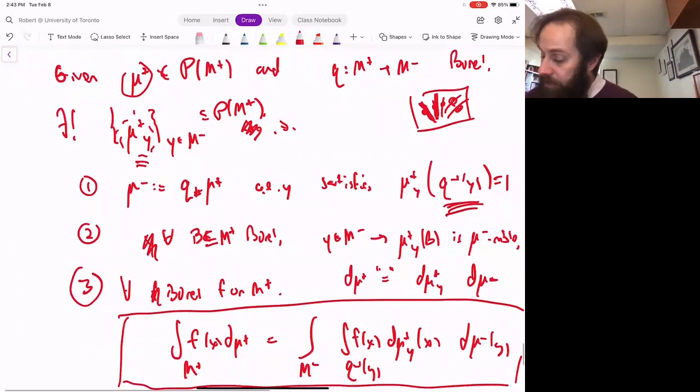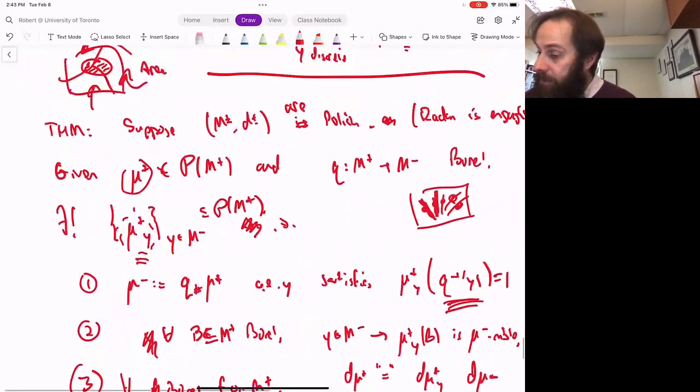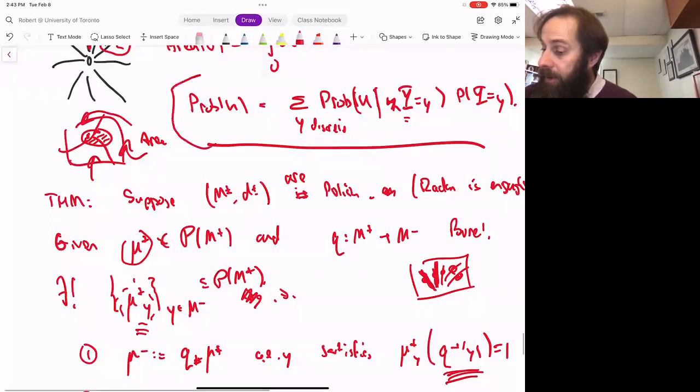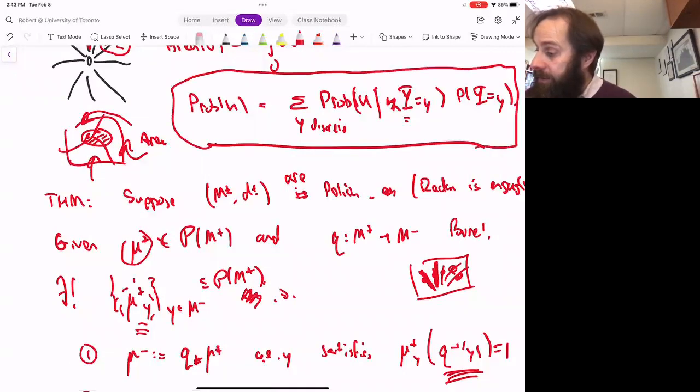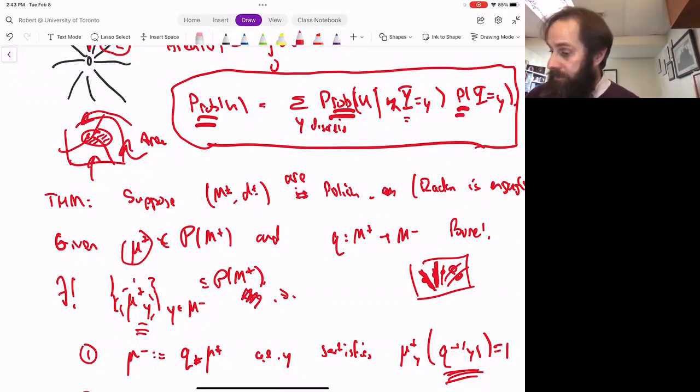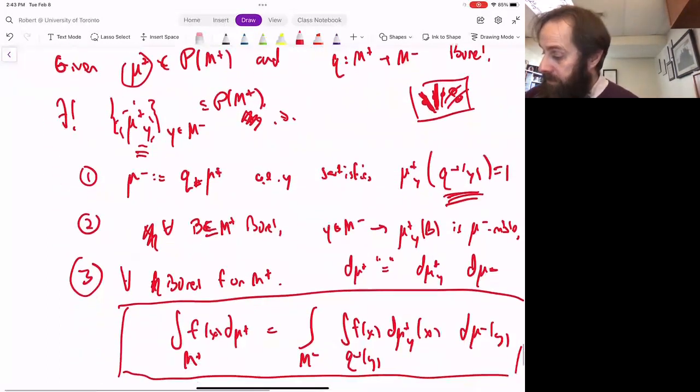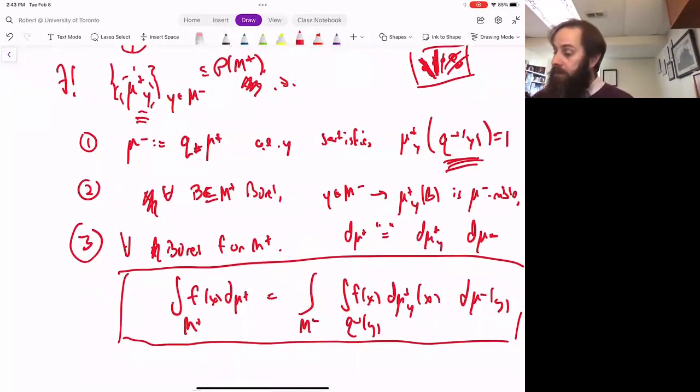And this formula here that I just drew the box around is supposed to be analogous to this formula here from the discrete setting. So I decompose the probability into a bunch of conditional probabilities averaged over the probability of the condition. These would be like the conditional probabilities, and this is the probability of the condition.